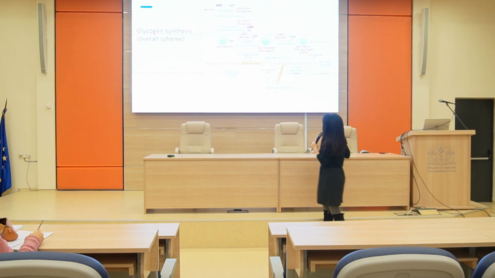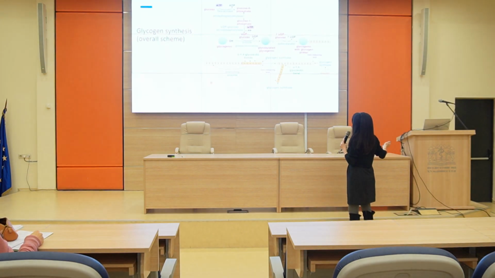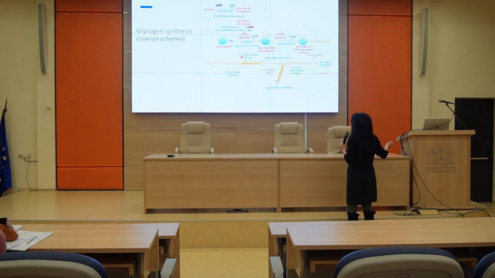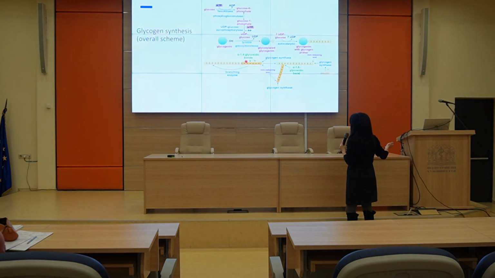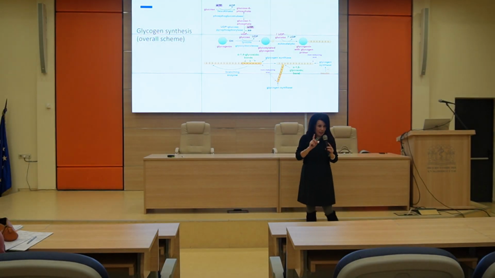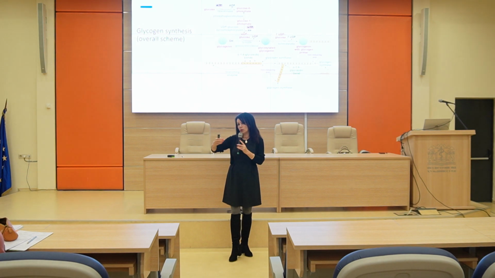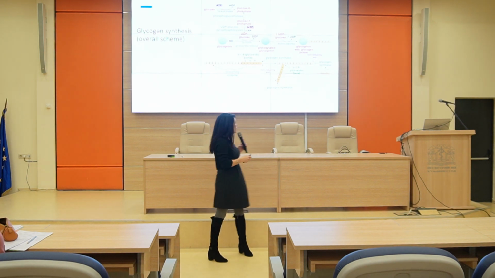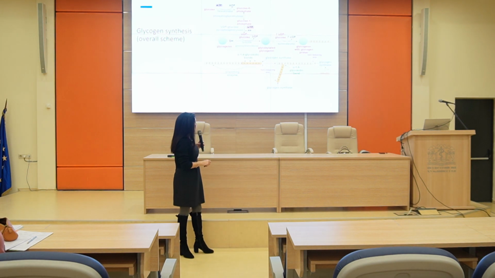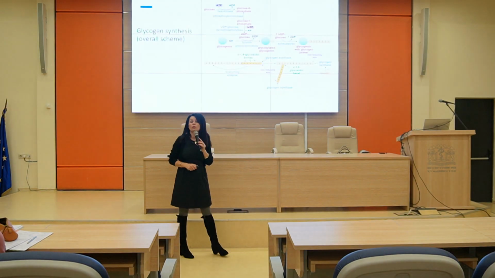And glycogen synthase starts action by adding glucose molecules one by one, but from UDP glucose again. Don't forget UDP glucose is used. And there is formation only of 1,4-glycosidic bonds.